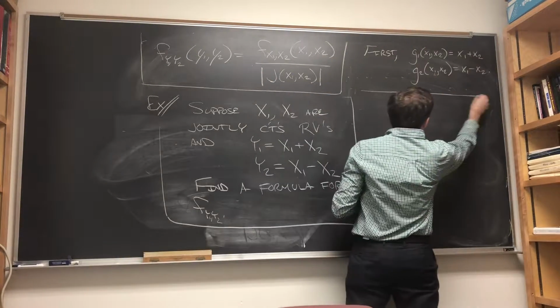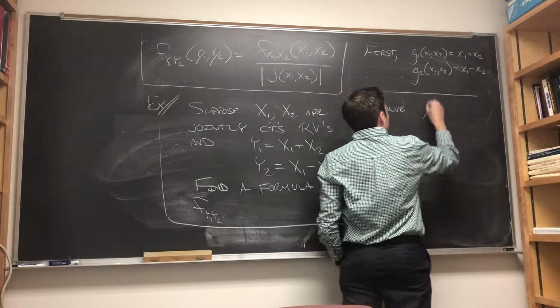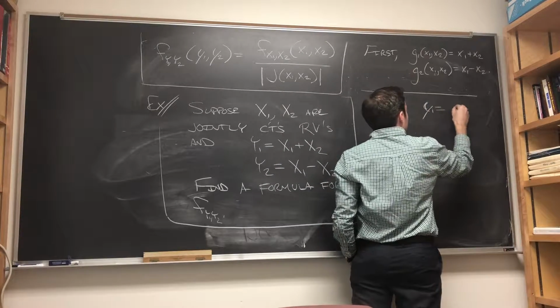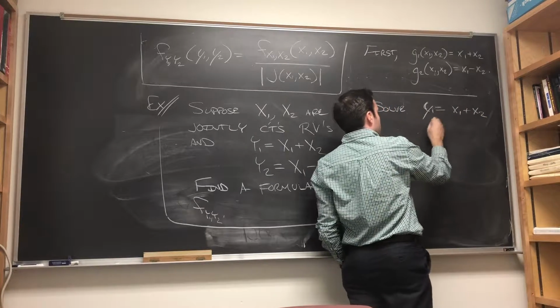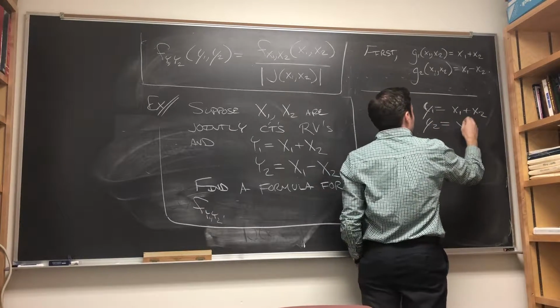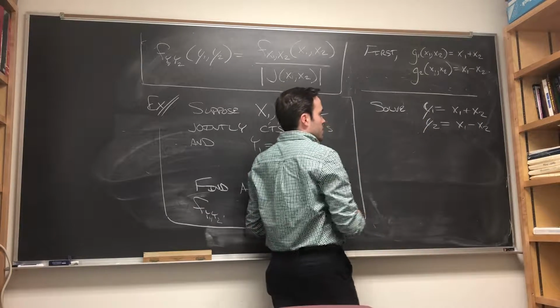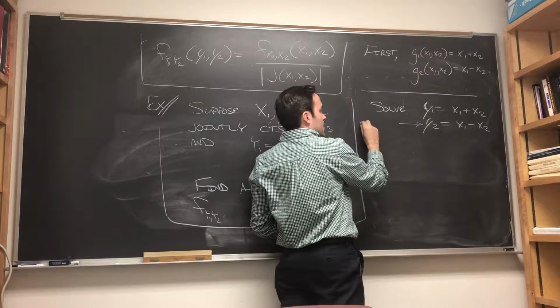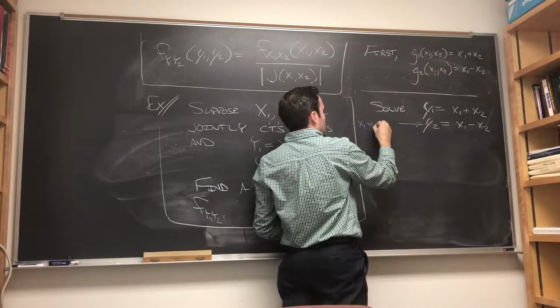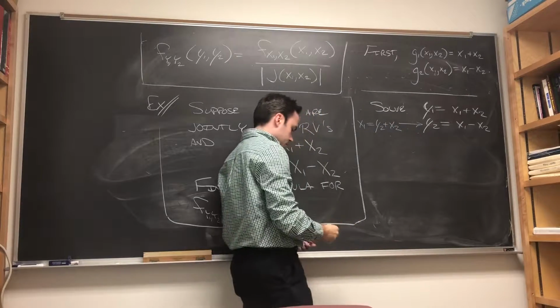All right, so we want to solve the system y1 is equal to x1 plus x2, that's g1 of x1, x2, and y2 is x1 minus x2. Let me first take the second equation and say that this means x1 is y2 plus x2.